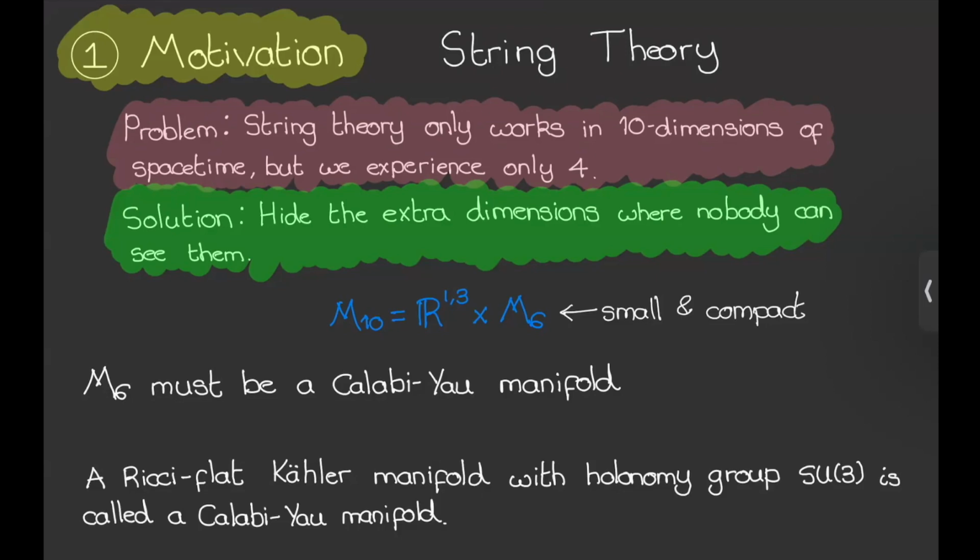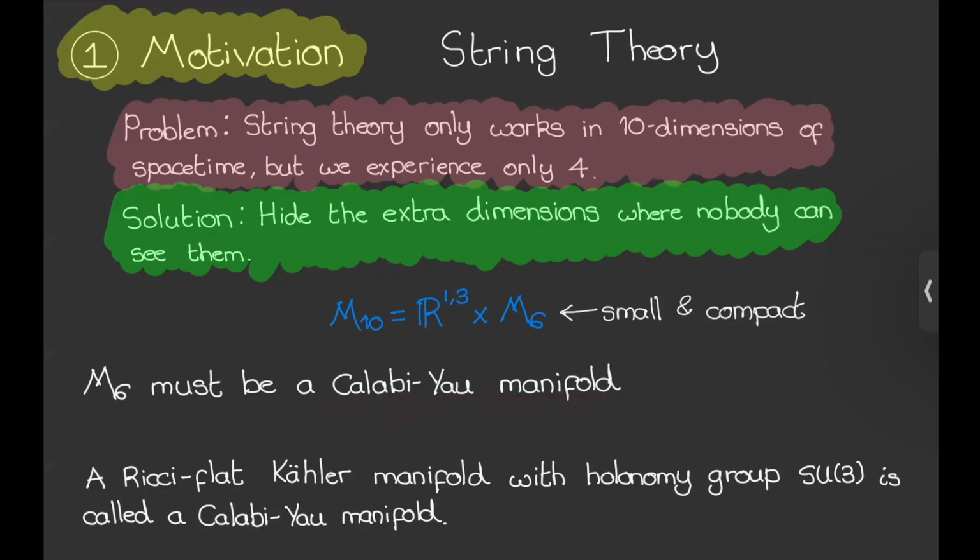So then our 10-dimensional background manifold becomes a product of the usual 4-dimensional Minkowski space and this small compact 6-dimensional manifold. There are some constraints that we put on this manifold that come from physics, and these constraints basically ensure that this manifold is a Calabi-Yau manifold.